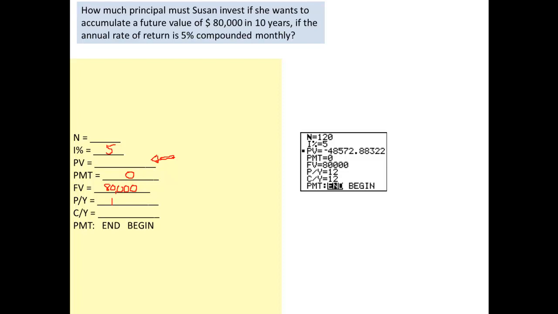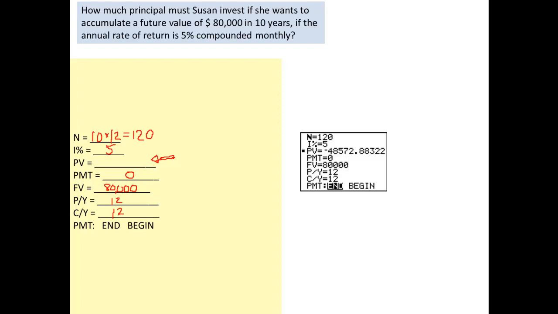The compounding is monthly, so I'm going to put 12s in down here. And N is 10 years times 12 months per year, or 120 months total. That's the number of compounding periods.